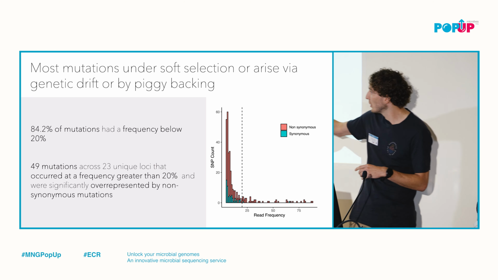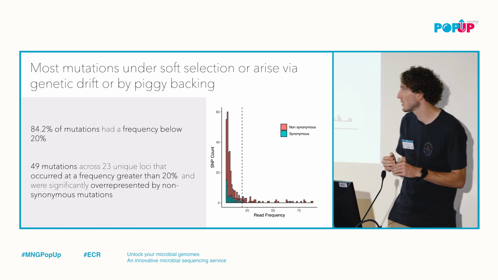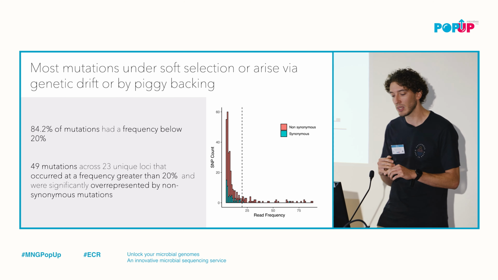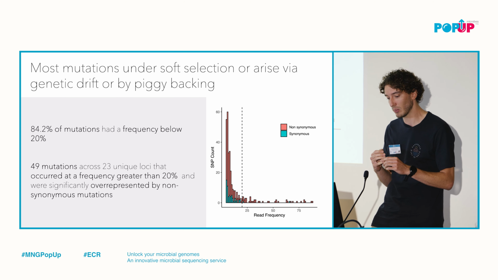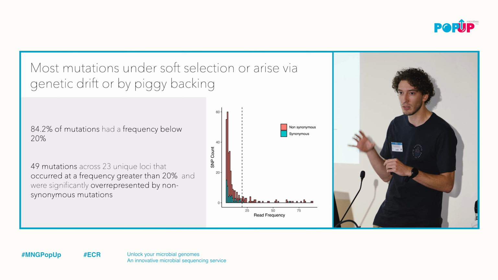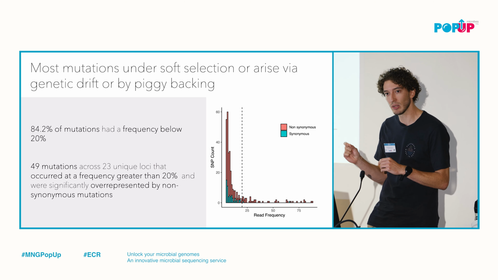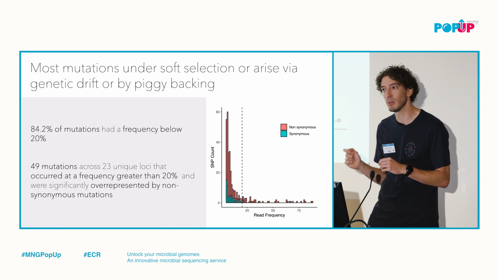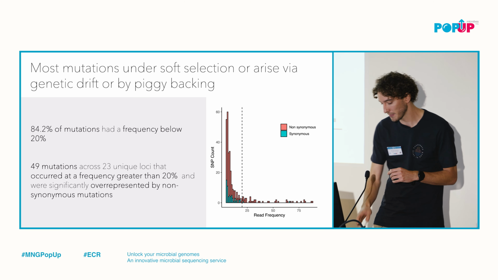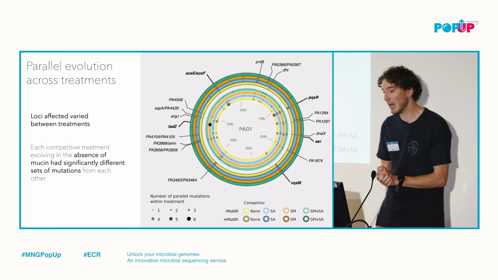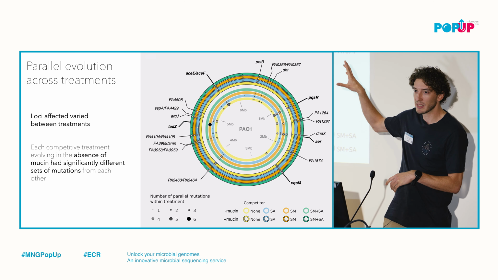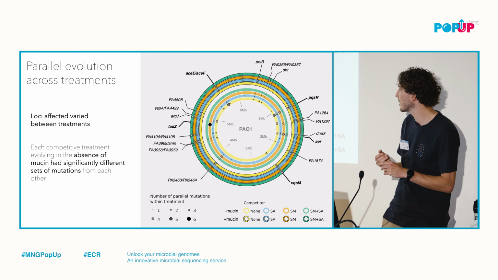But the other 15%, so 49 mutations, which were across 23 different loci, occurred at above 20% frequency and were overrepresented by non-synonymous mutations, really suggesting there's strong positive selection for these mutations within the evolution experiment. So what were these? These rings just represent bacterial genomes, and the dots show where the mutations occurred.